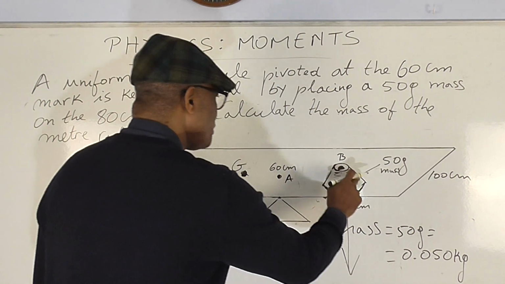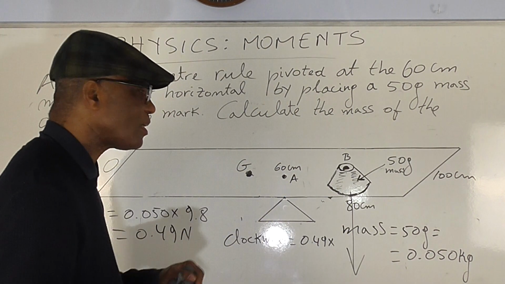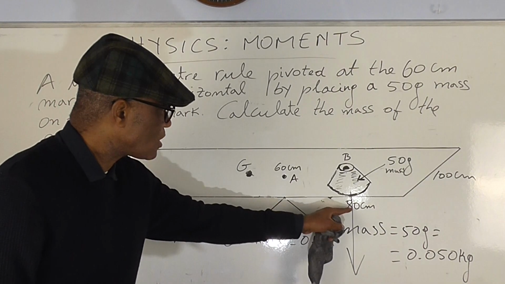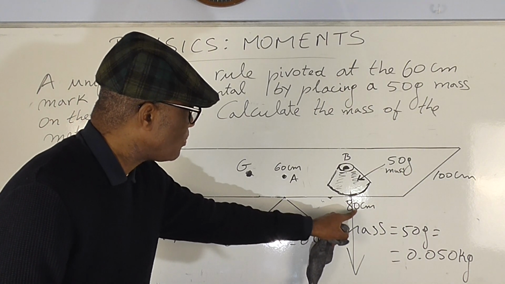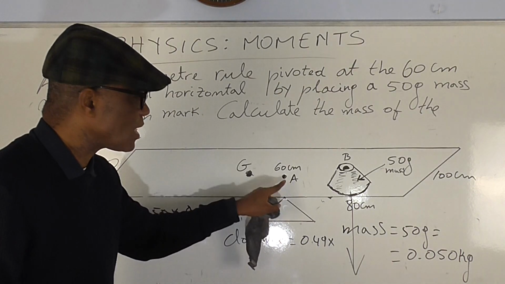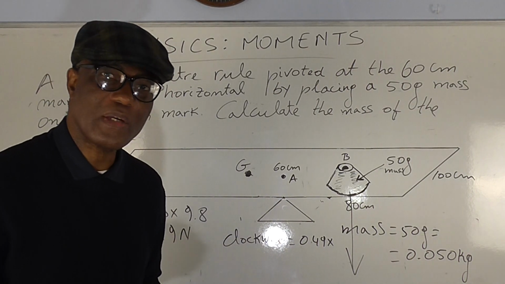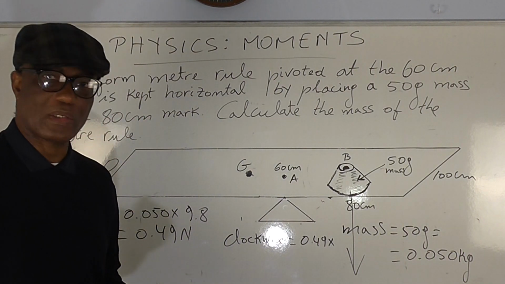From 60 to 80, the difference is 80 take away 60, which is 20.